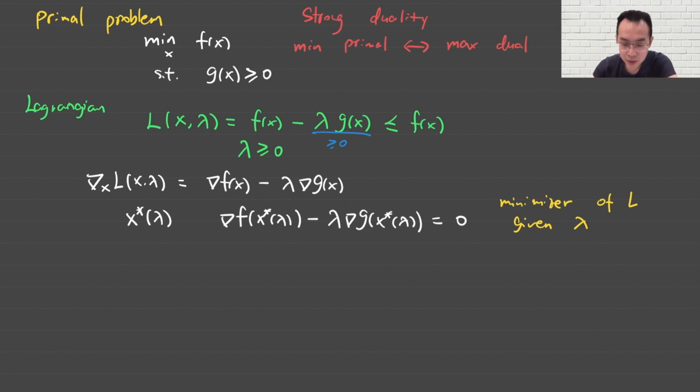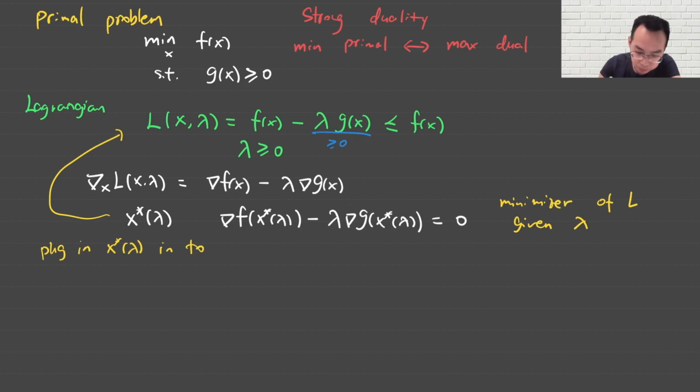Okay, the next step is that we can plug this x star back into the Lagrangian to see what happens. So we plug x star of lambda into L of x, lambda. Here we can define this as a new function. Now we have a function with respect to lambda because we swapped out the x.